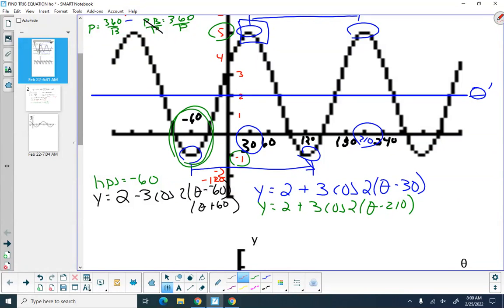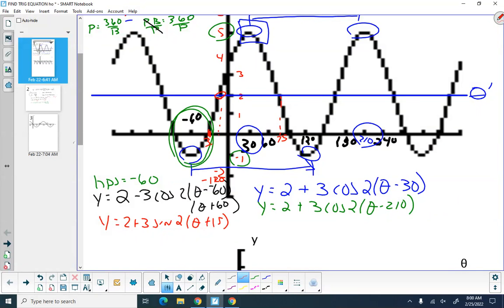Suppose you want to do some work here. Let's see. This is 30 here. So it looks like this would be 15. And you want to use a sine curve. That's fine. y equals 2 plus 3 sine 2 theta plus 15. That would work. If I wanted to do some work and find this value over here, it'd be 75.